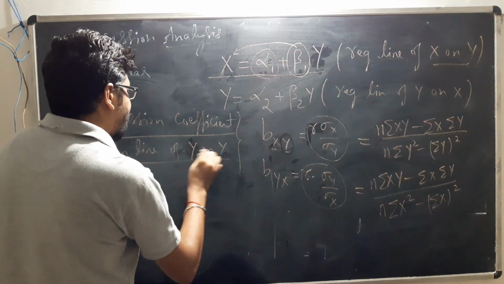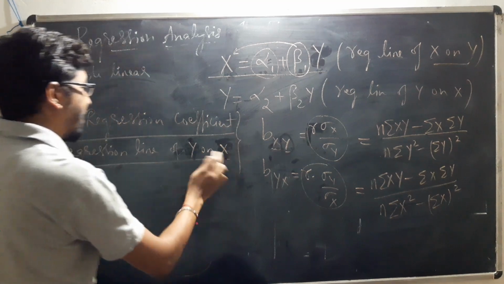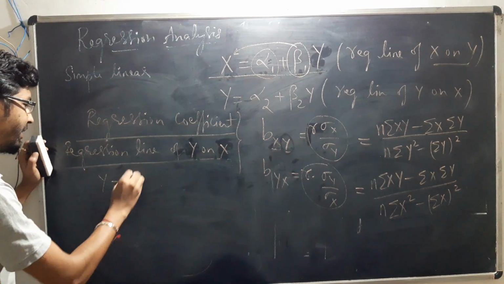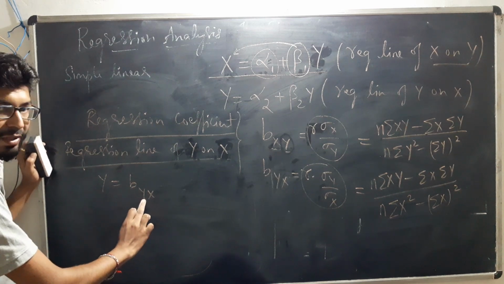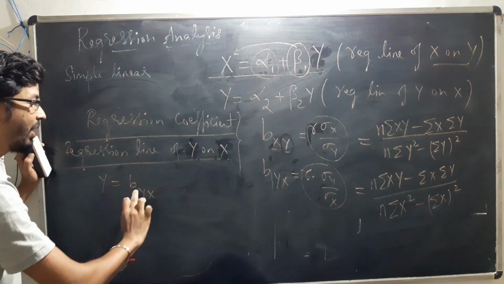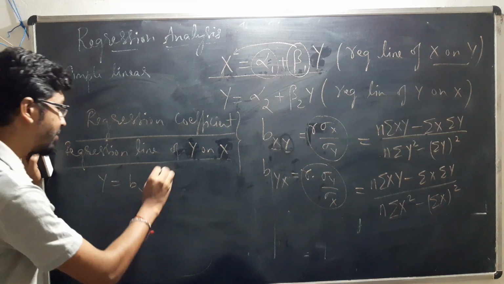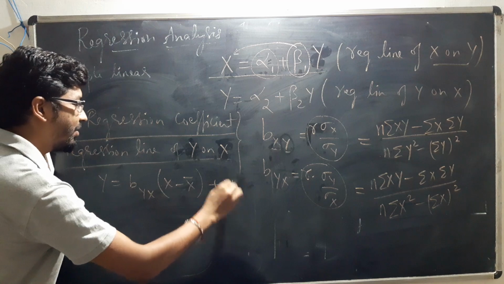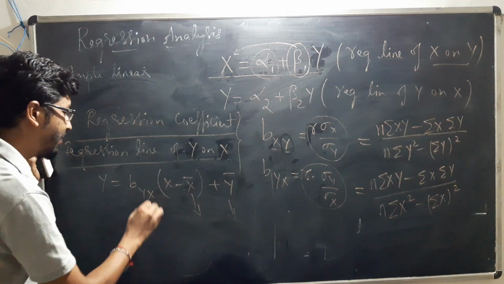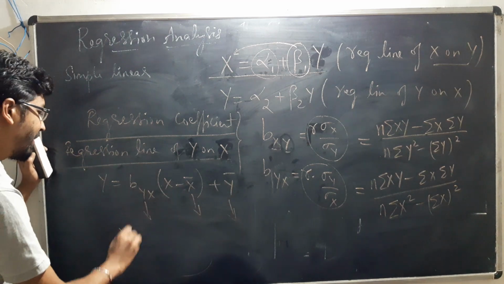The next equation is the regression equation of y on x. When I say y on x, you will write y here, then you will have byx, with y on the left hand side, the first term being y. The regression equation of y on x uses the regression coefficient of y on x, with the terms x minus x bar, plus y bar. So compute x bar, y bar, and byx from the data, substitute them, and simplify.